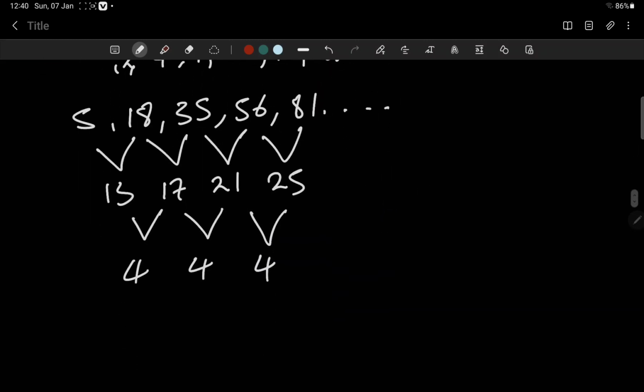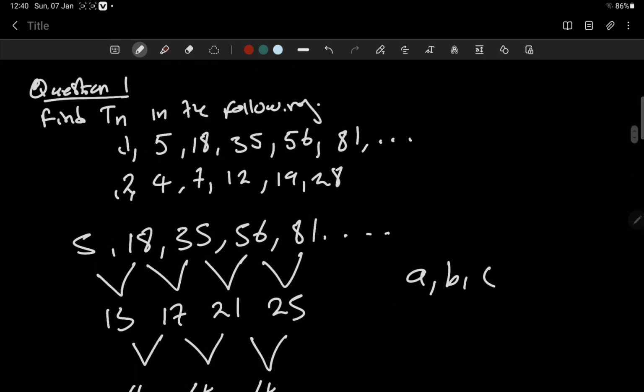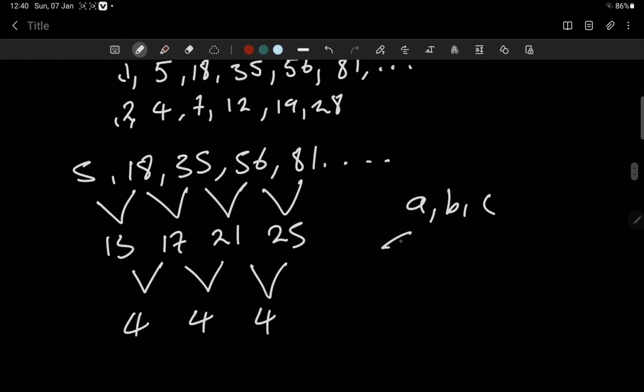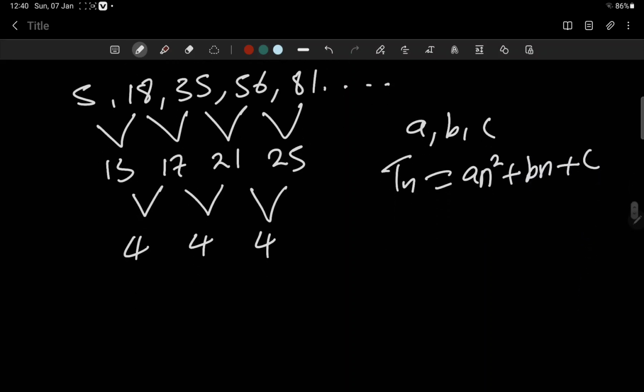Then how do we find Tn? To find the general term for a quadratic sequence, you need to find the variables a, b, and c. From the equation, Tn equals an squared plus bn plus c.